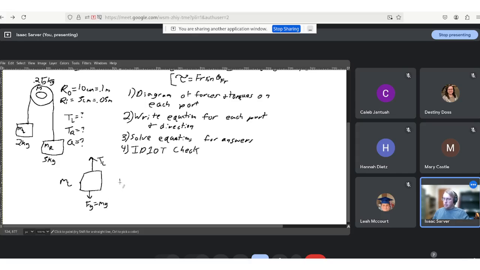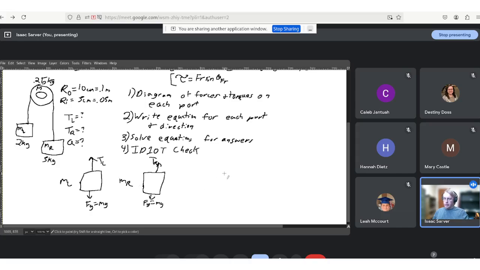For the mass on the right, the forces I have are tension on the right going up and gravity, mg, going down.